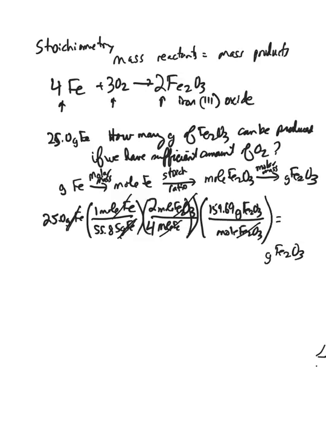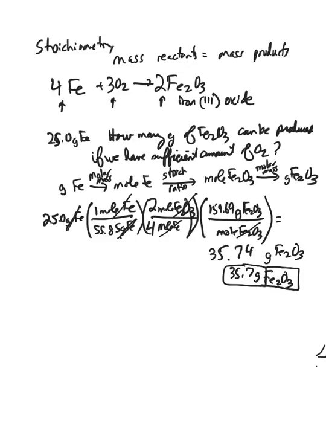So 25 divided by 55.85 times 2 divided by 4 times 159.69 would give me 35.74 grams of Fe2O3, or 35.7 grams when I get my significant figures right of Fe2O3. So that's how we calculate theoretical yield.